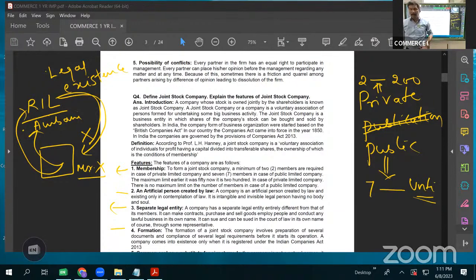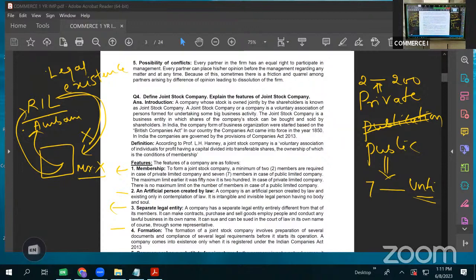But in case of a joint stock company, we have to draft and present several documents, like, a few which we'll learn later: memorandum of association, articles of association, prospectus. These are the documents which we have to prepare and submit to a body called ROC, Registrar of Companies. And then we have to fulfill a number of legal formalities. We have to pay all the fees. Then only it comes into existence.